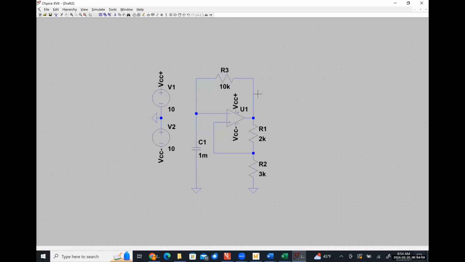Let's see, let me think about this. 2 times 10,000 times 1 times 10 to the minus 3. Looks like roughly 20 seconds per cycle. And then obviously times the natural log of that bit. Okay, so if I were to, let me label the output node here just for the sake of argument.